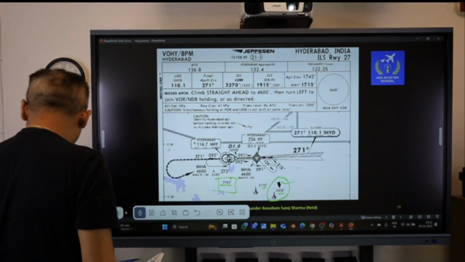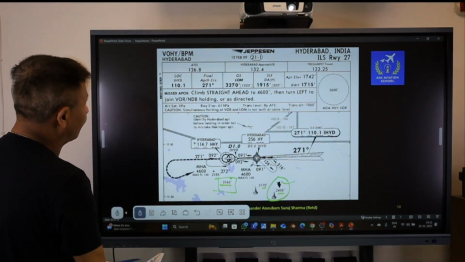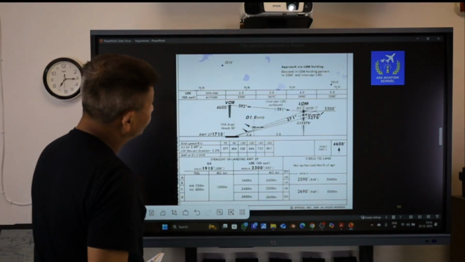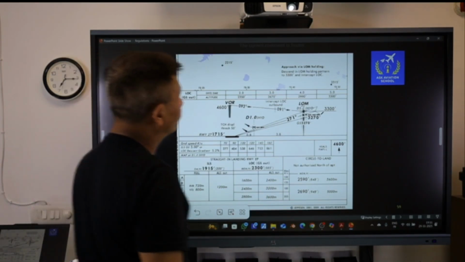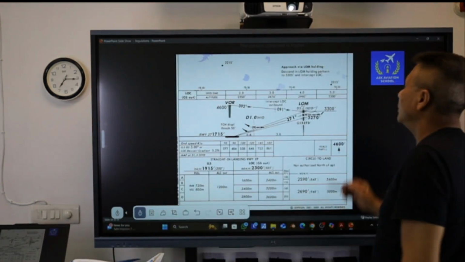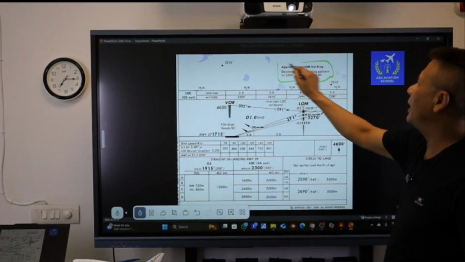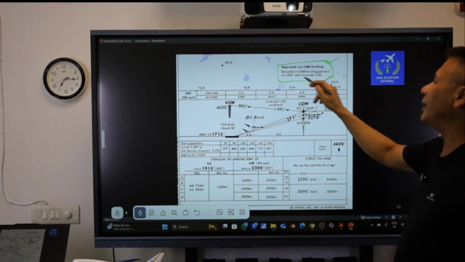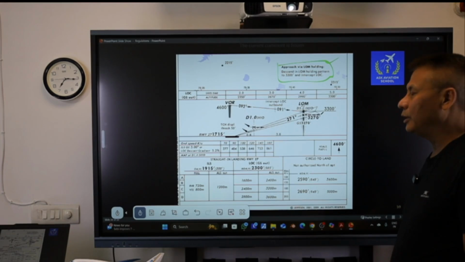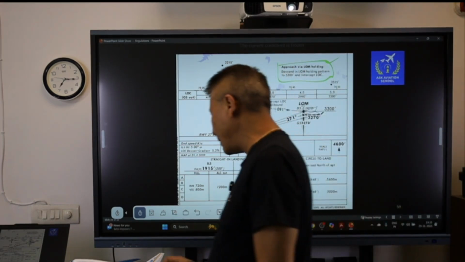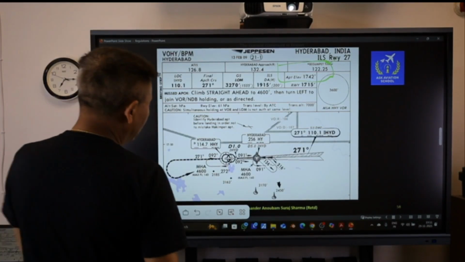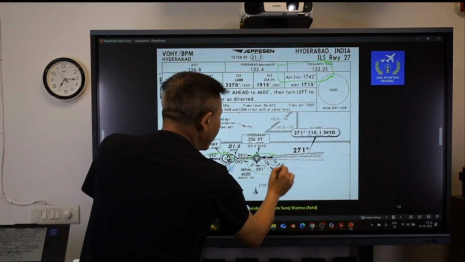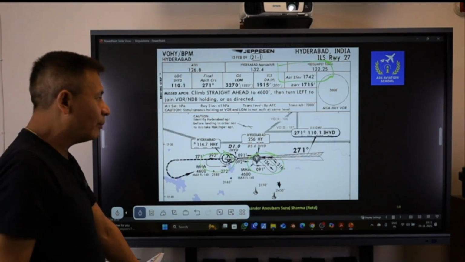Now let's go further down and just have a look at the vertical profile once again. It is written here, approach via locator automarker holding. Descent in the locator automarker holding pattern is 3300 to intercept the localizer. That means to say that in the plan mode, we had two holding points. One is the holding point at Hotel Yankee, another is the holding at localizer automarker.